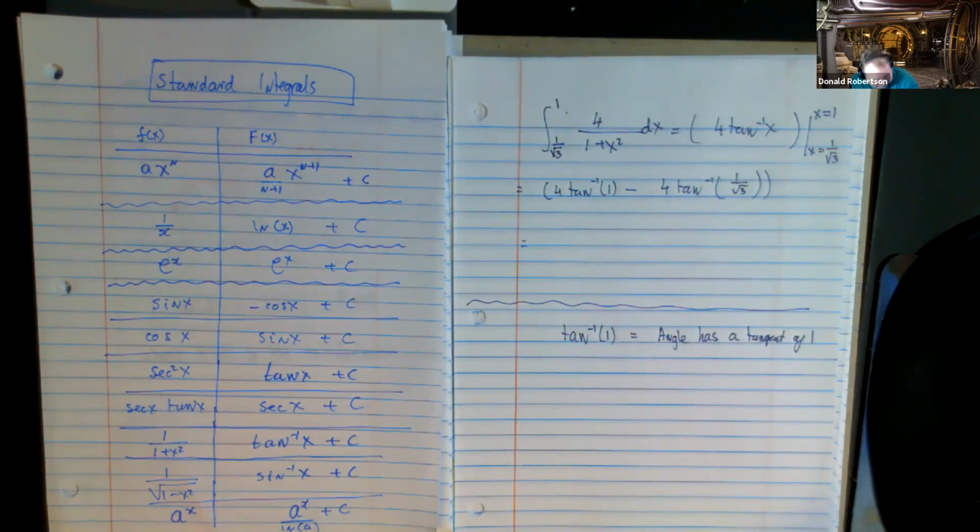Who have we got here? Inverse tan of 1. What angle gives you a tangent of 1? So this is trig 142. What angle gives you a tangent of 1?